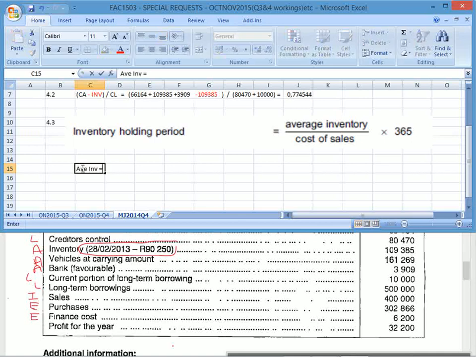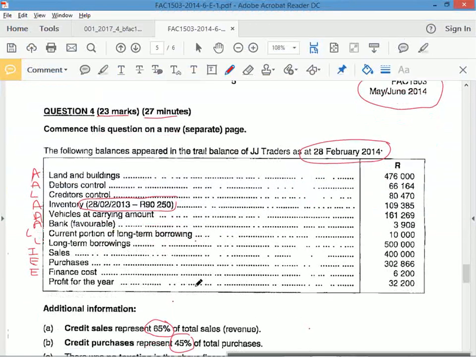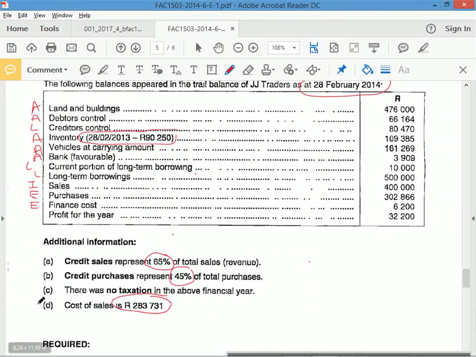Average inventory is start plus end, divide by 2. Okay, there's the start, there's the end, plus 109385. Close bracket, divide by 2 equals an answer. There it is, average inventory. Cost of sales, did they give that to you? There it is. Do you see it?